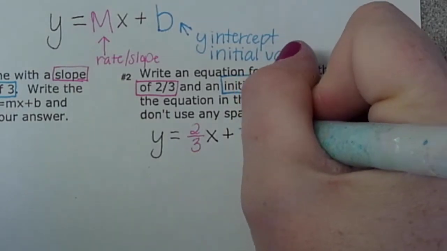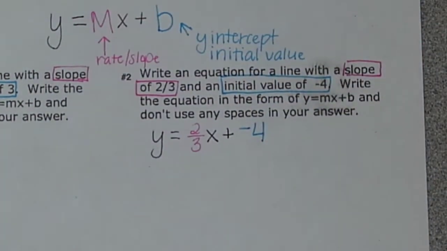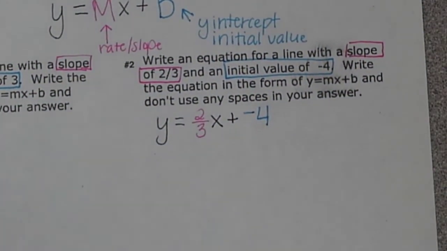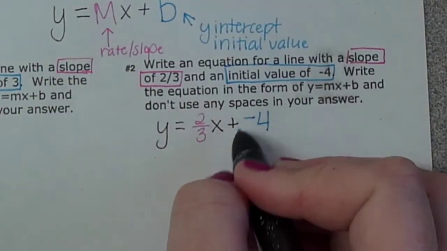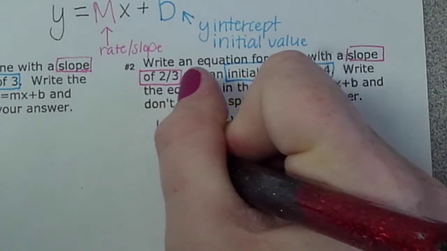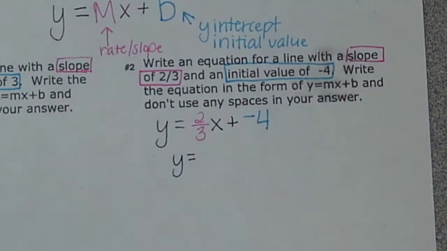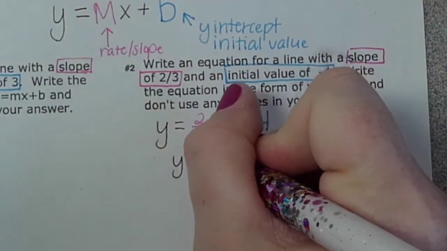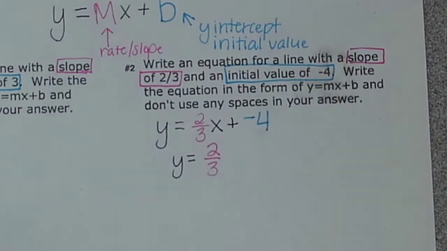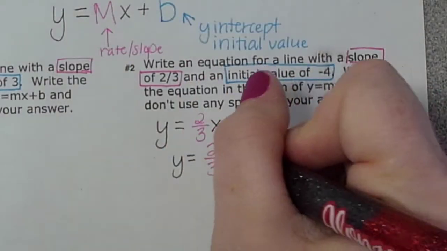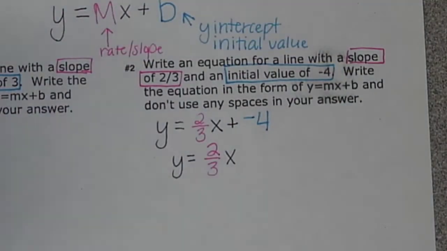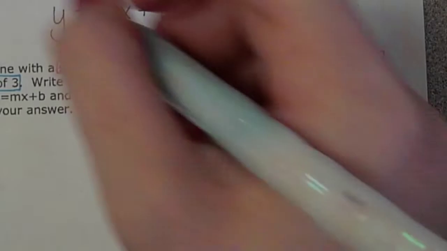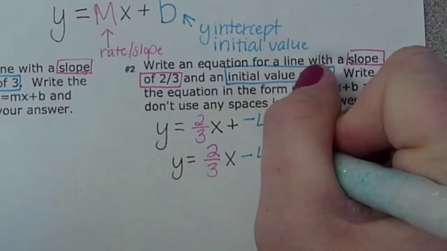Now, in order to simplify these, we don't ever leave them written as a plus and negative. So we would write it as y equals 2/3 x, and then instead of putting plus a negative, that's the same thing as just subtracting 4.